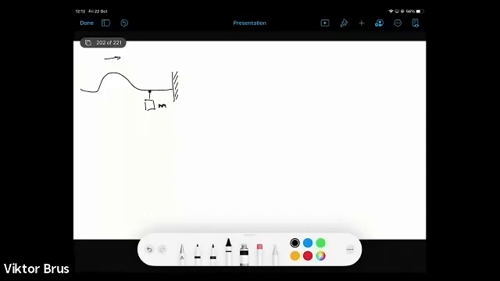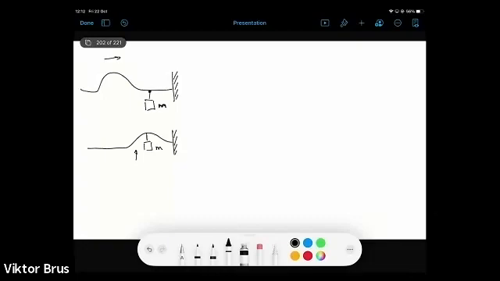Then when the pulse comes to this point where the mass is attached, we will see that this mass will move upwards from the initial position, so along axis y.